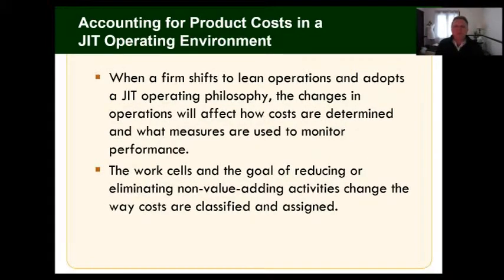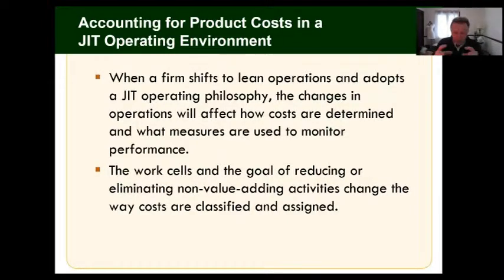From an accounting perspective, when you shift from a traditional accounting system to a lean operation and just-in-time operating philosophy, you also have to shift your accounting perspective. The changes in operations are going to affect how costs are accounted for and how they're measured throughout the organization.